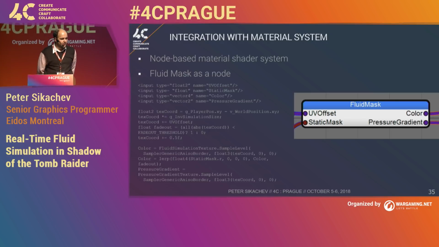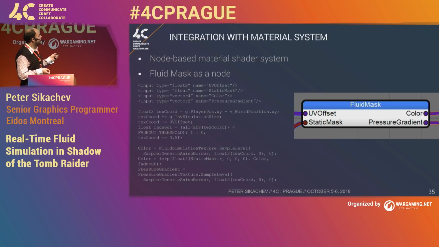Next, we integrate it with the material system by creating a fluid mask node. In CDC we have a node-based shader material system. Here is the code for what this fluid mask node does.